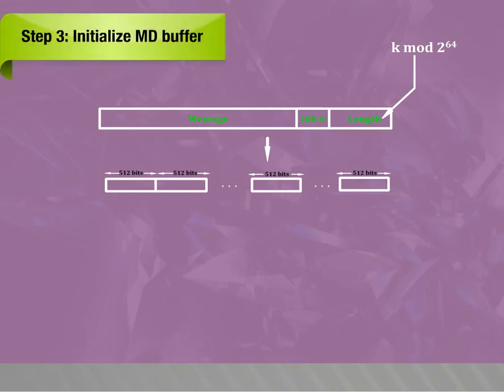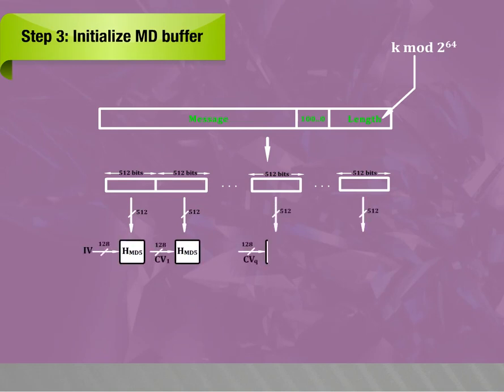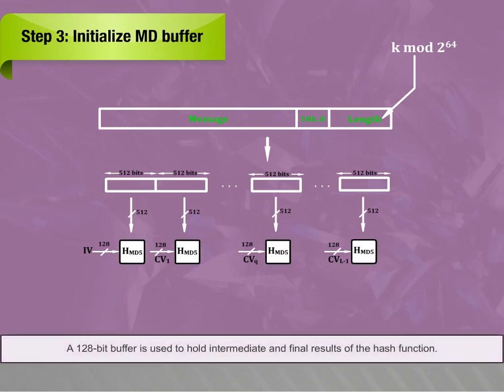Step 3. Initialize MD buffer. A 128-bit buffer is used to hold intermediate and final results of the hash function.